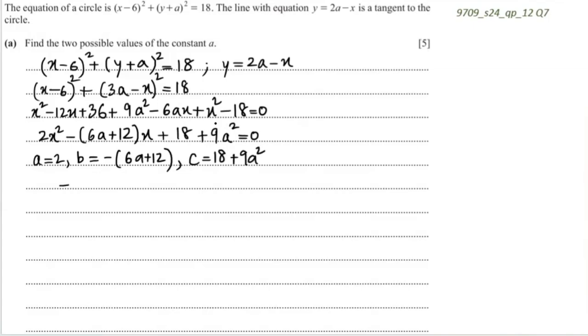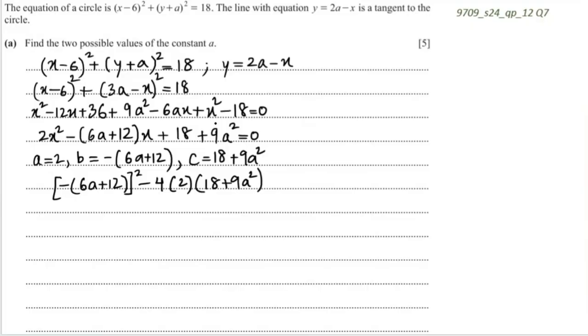Let's apply the discriminant. So this is going to be b squared, minus 4ac, where c is 18 plus 9a squared. Okay, so this negative goes away, it's just going to be positive.